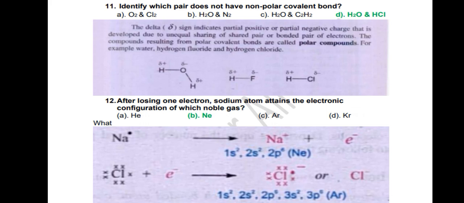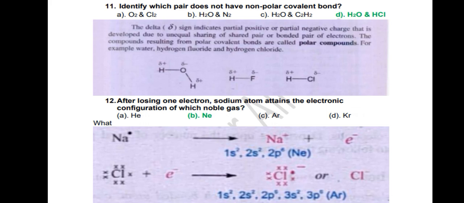After losing one electron, the sodium atom attains the electronic configuration of which noble gas? Helium, neon, argon, krypton. So sodium has 11 electrons in total, and 1 electron in its valence shell.